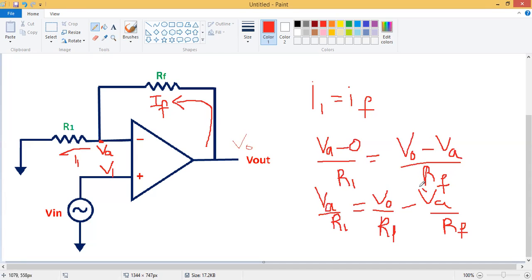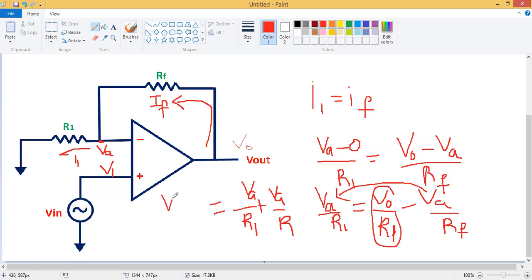Now bring this VA to this side and take VA as common. So we get the equation VA by R1 plus VA by RF equals V naught by RF.